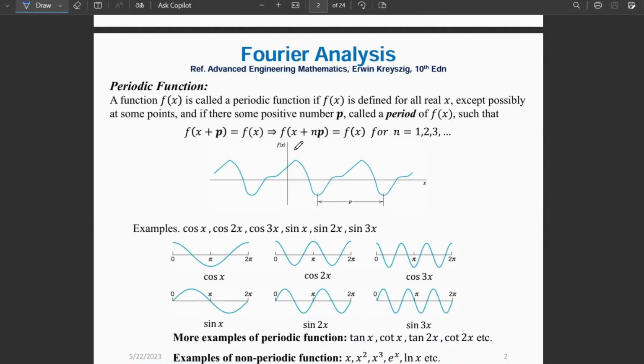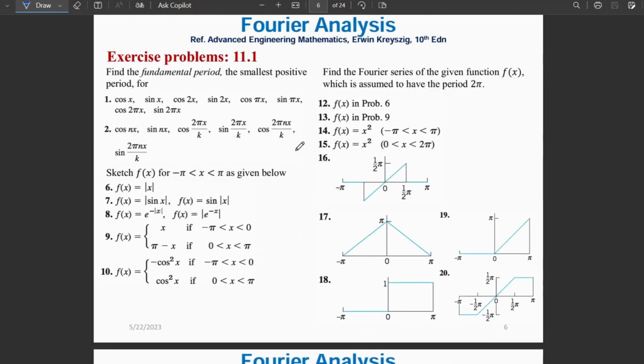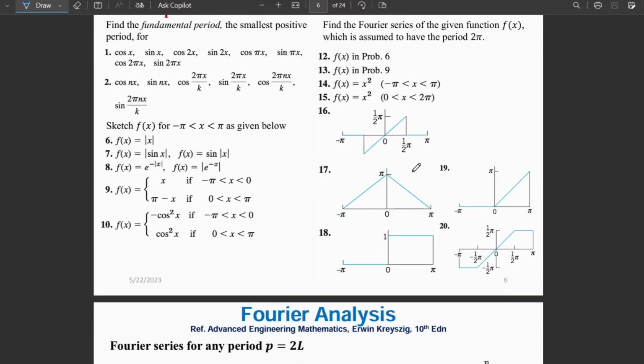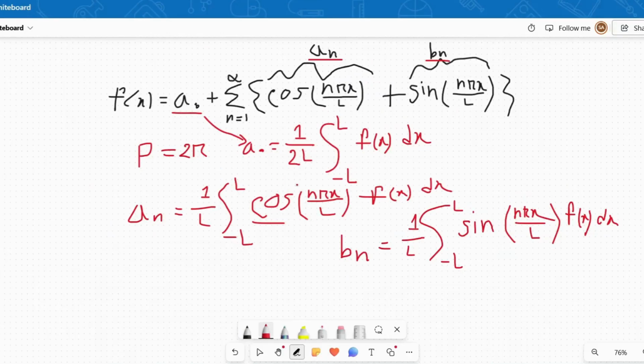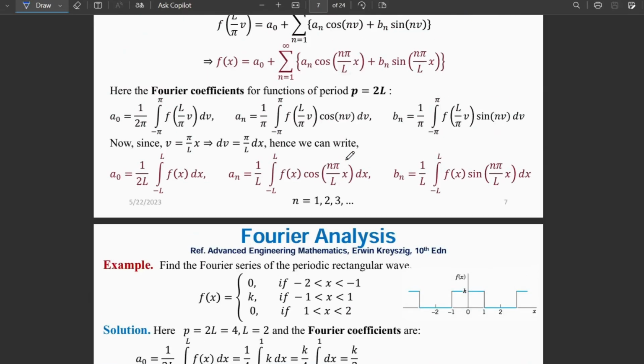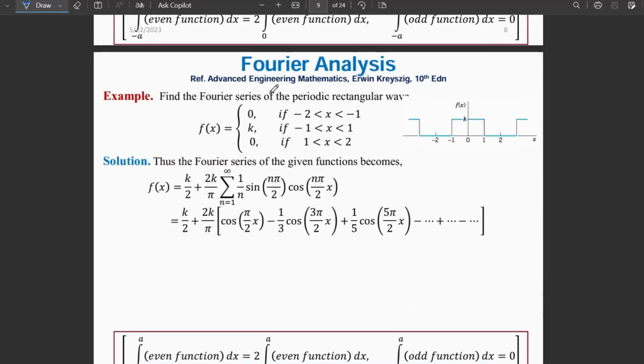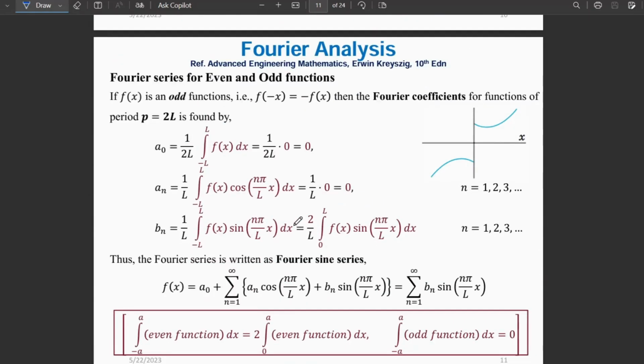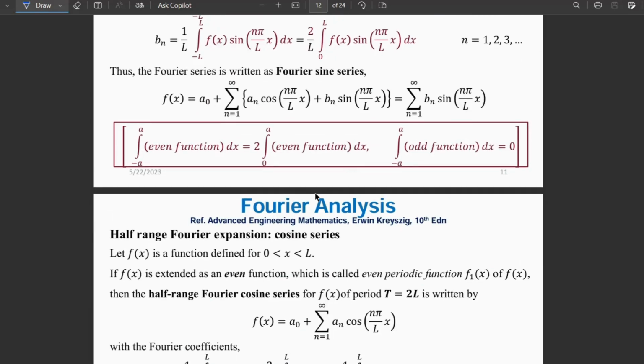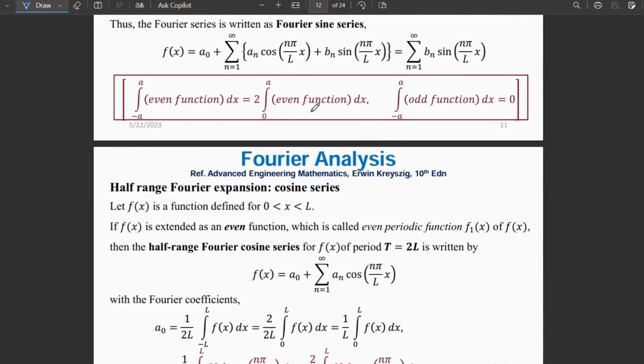Now we solve a problem. First, we have to memorize one thing: whenever a function is an even function, we can multiply by 2 because the area is the same.